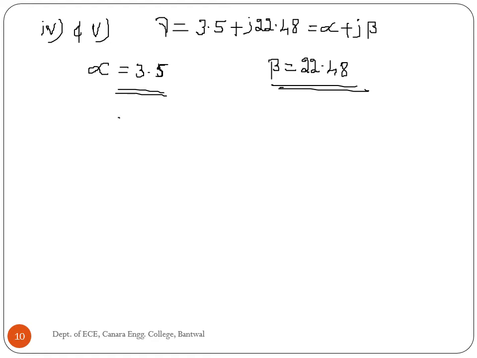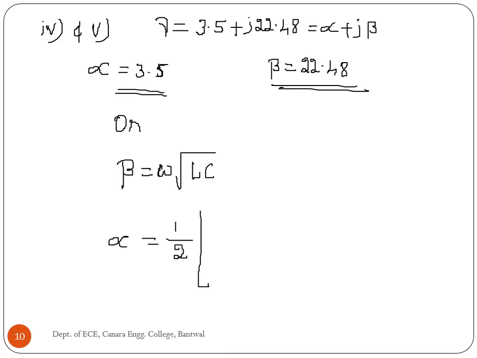Or I can substitute the given constant values into the formulas: beta, the phase constant, is omega root LC, and alpha is given by the expression half R root C by L plus G root L by C.